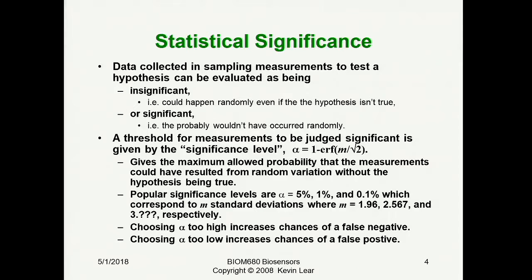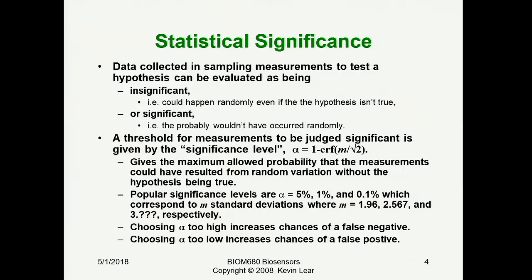Data can be collected in sampling measurements that test a hypothesis, such as the hypothesis that we can distinguish hemangiosarcoma from leukocytes. And if the data is considered insignificant for that hypothesis, it means basically your observation could just randomly occur.